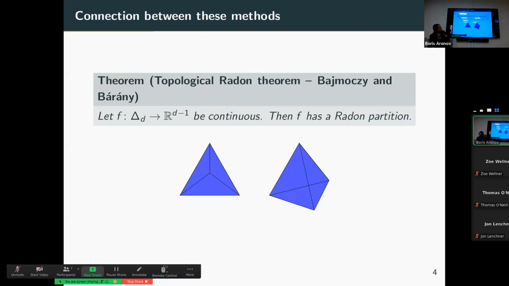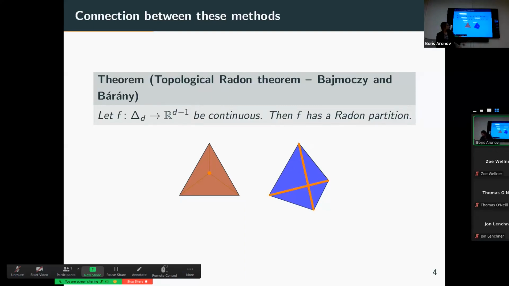The Radon partition in this case would be taking our top vertex that's in front of us, and then the whole face that's the backmost face. And these intersect at the vertex, so that satisfies the Radon partition. It's disjoint vertices, so it is a proper partition. I could have mapped it to R2 in a different way, in which case my Radon partition would be the 2 edges.